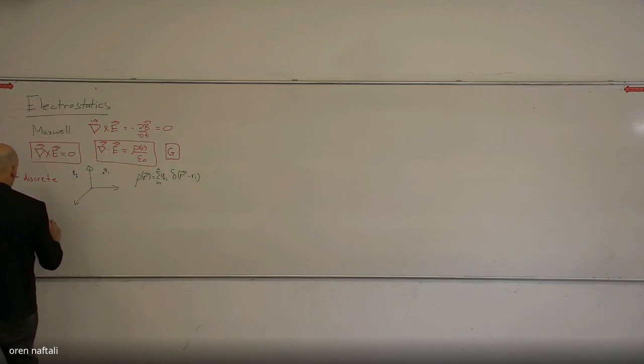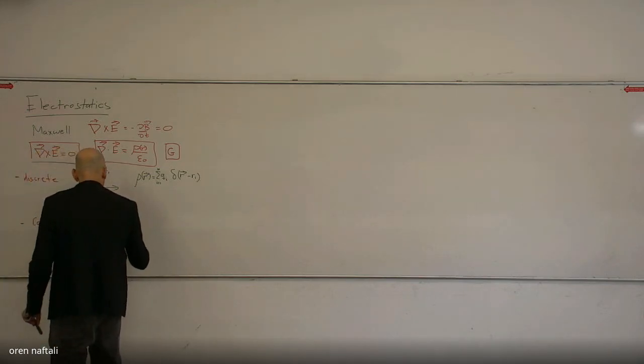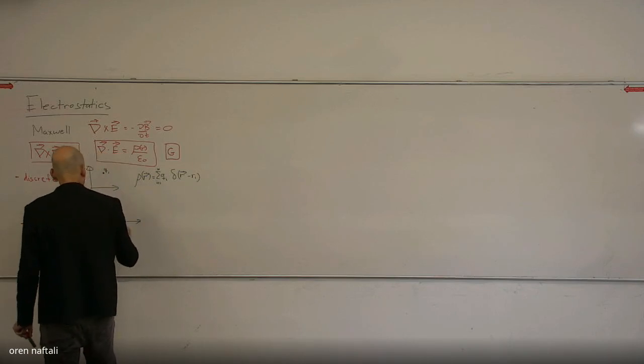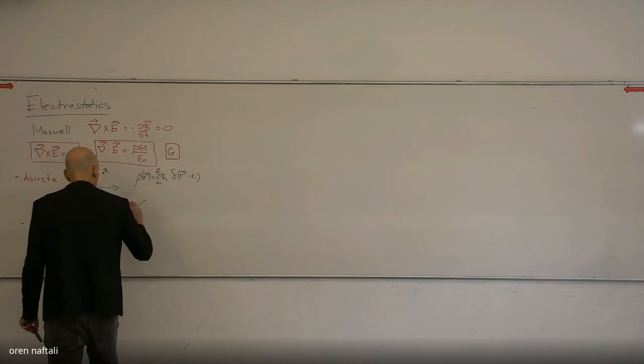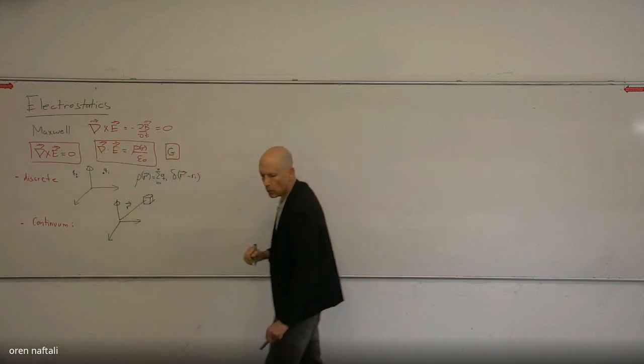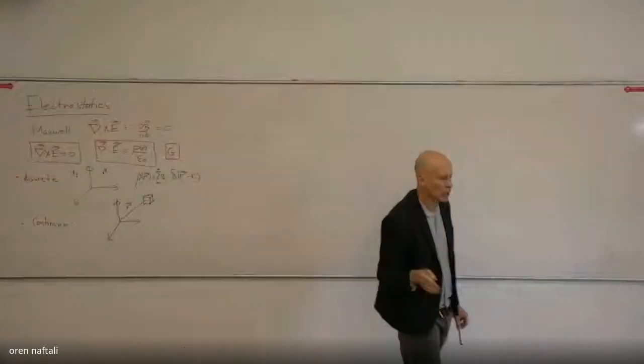So continuum description is the following. We have some reference frame as before, and we have a vector R, and we make here some small box. And inside this box, in reality, maybe we have many electrons or maybe protons or some charges.